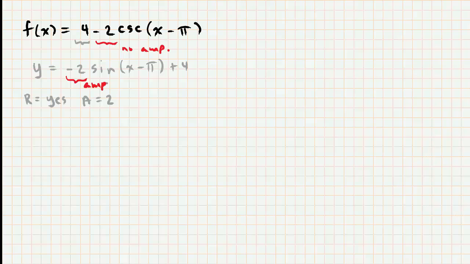So now we have reflection, amplitude, period. The period is going to be 2 pi divided by the leading coefficient of the angle. The leading coefficient of the angle is 1 right there. And since a basic sine has a period of 2 pi, we use that in the numerator. Phase shift.